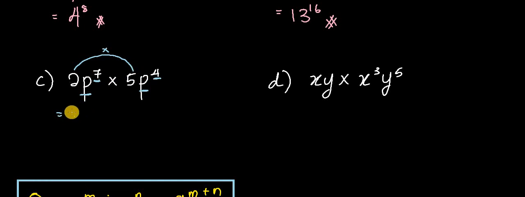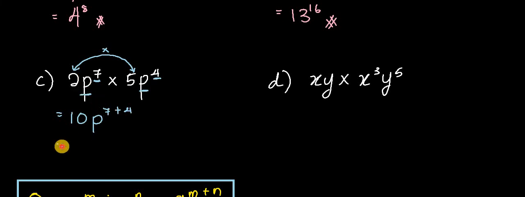So 2 times 5, I'll get 10. And for the alphabet, I'm going to solve using the laws of indices. So P to the power of 7 times P to the power of 4 means add 4, alright? Because the base is the same, the powers I can add. Since the numbers do not carry any power, the powers 4 and 7 are not for the numbers, they're for the alphabet. So the numbers I can just solve by multiplying.